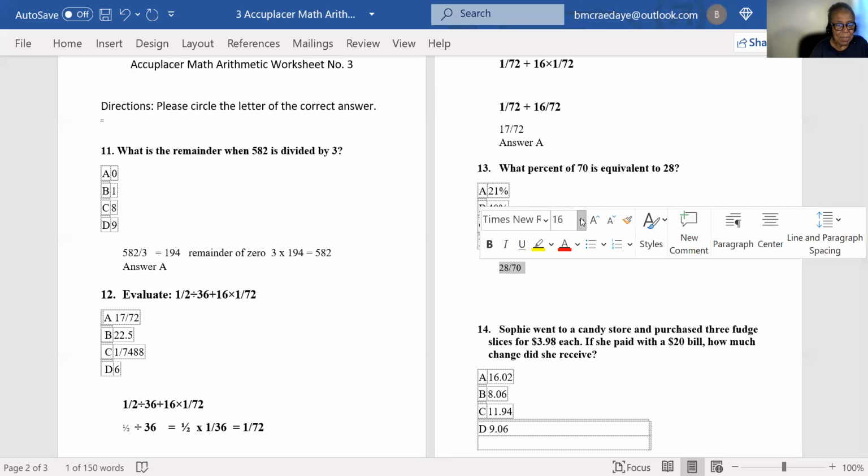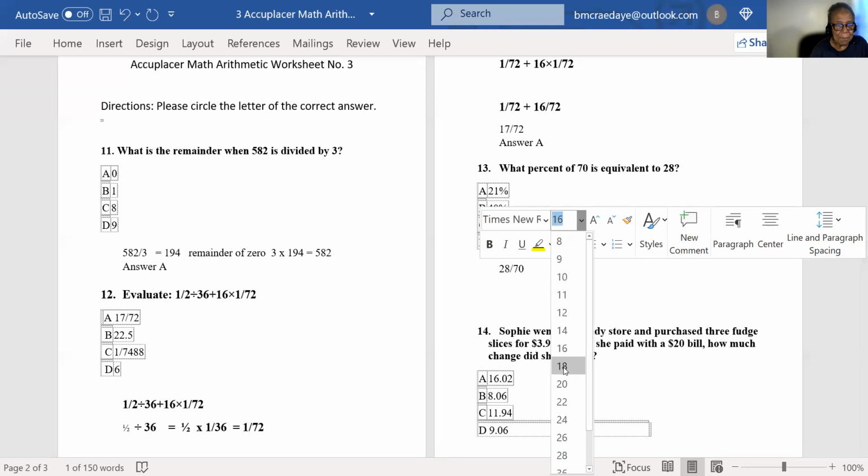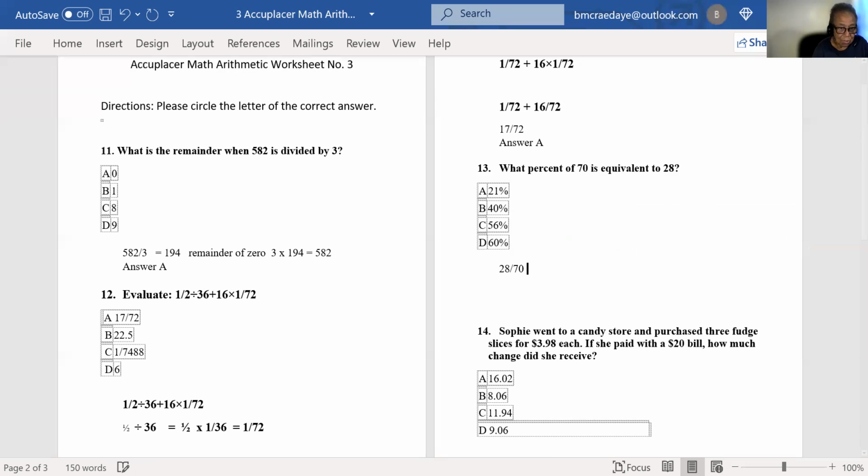Okay, so what does this become? 28/7, right? And I have 70/7.